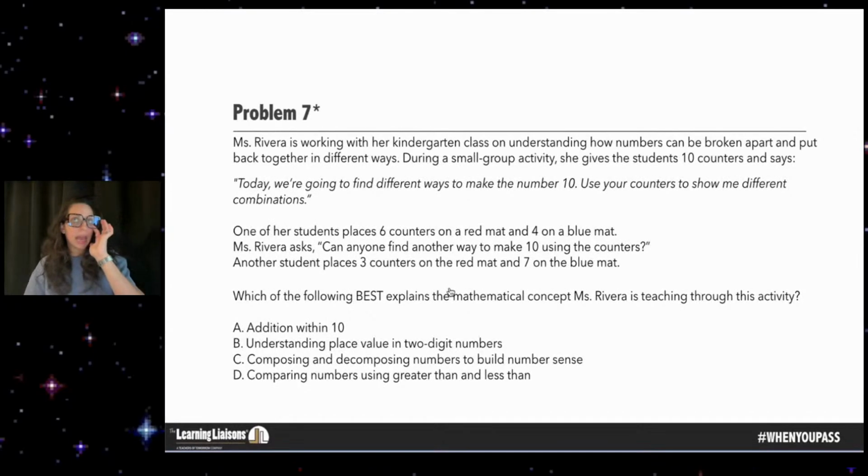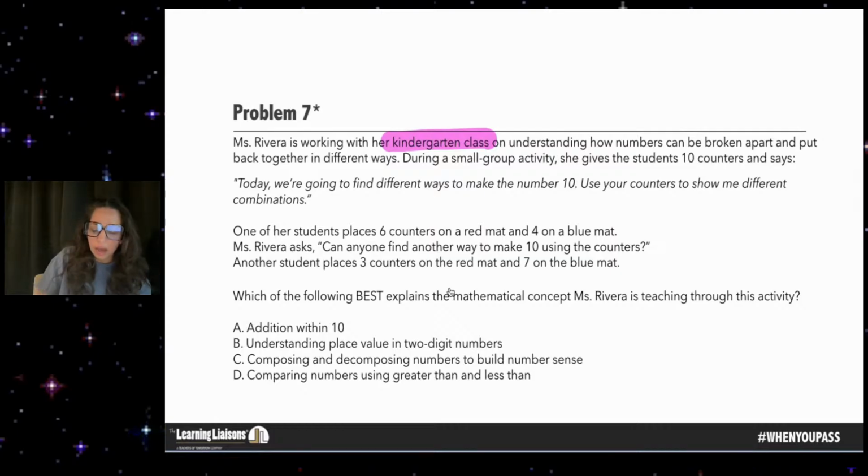So this is a heavy problem with words because it's a scenario-based question. And you and I have seen these on these exams, these questions that feel like they take up half the page. Here's what we need to do. We need to extract the important information. Working with her kindergarten class, that age does make a difference.